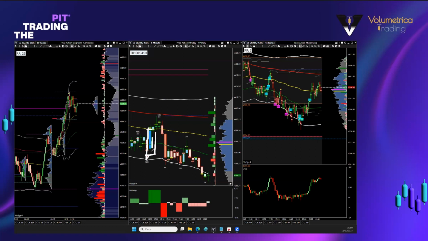A darker green with a blue filling inside means that the delta for the candle is strongly bullish. If it's light green, like for example this, it is lightly bullish, but not so much.